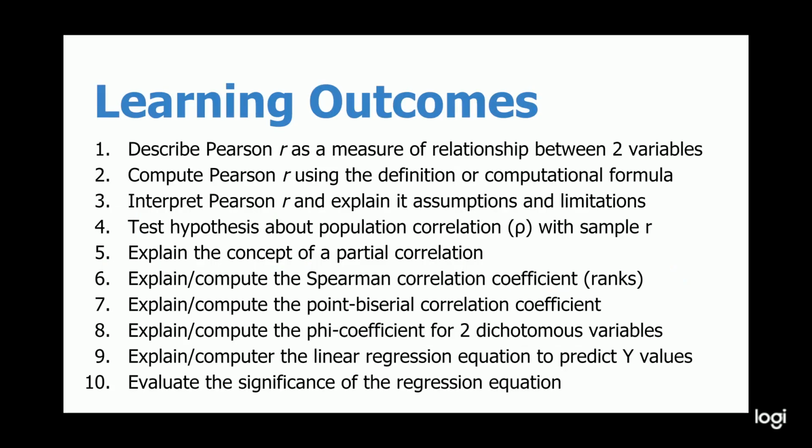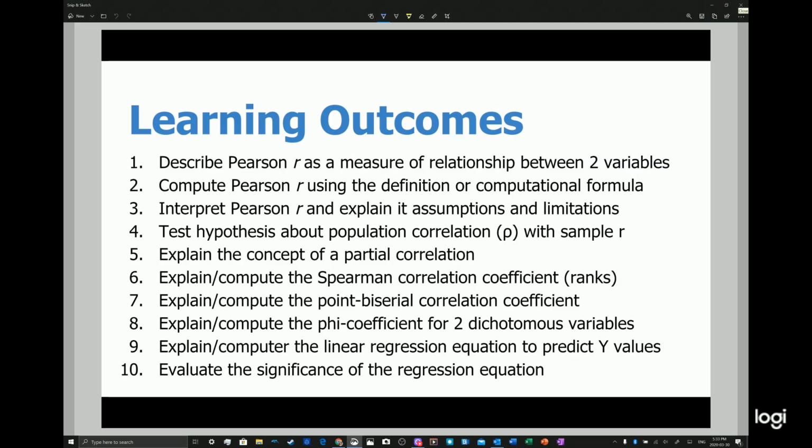There are 10 learning outcomes in this chapter, and we're going to group these outcomes together. So in our first part, we're going to do at least the first 3 for sure. We're going to look at Pearson r as a measure of correlation between two variables. We're going to explain and identify how the Pearson r works to measure the relationship between two variables.